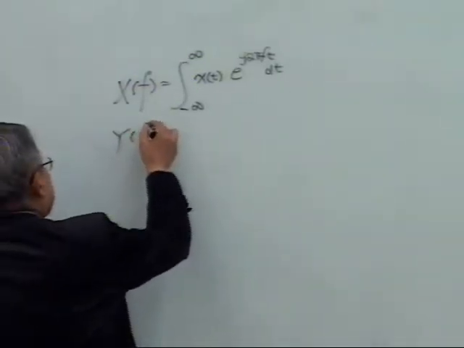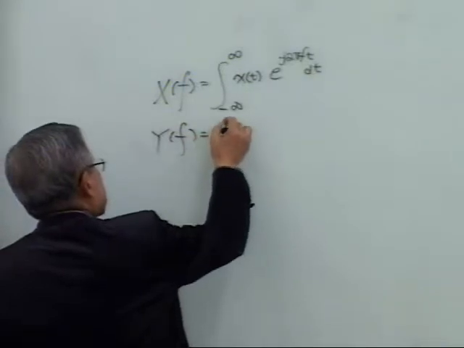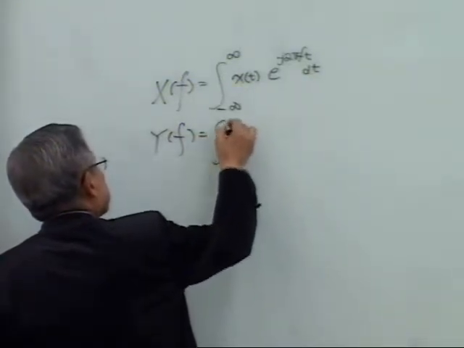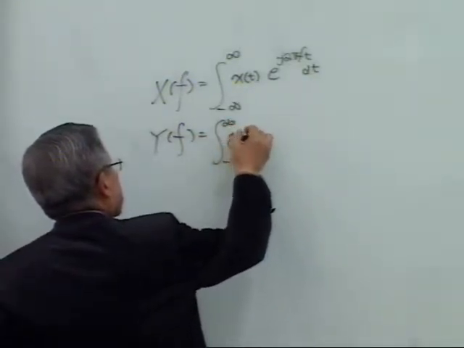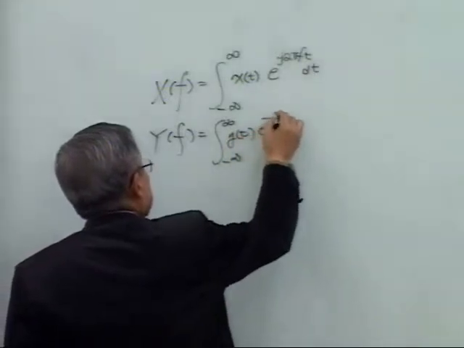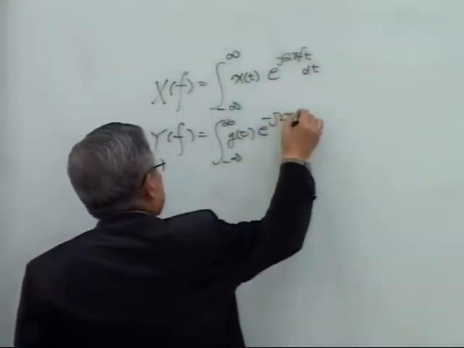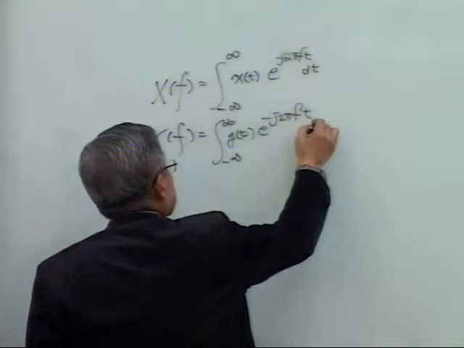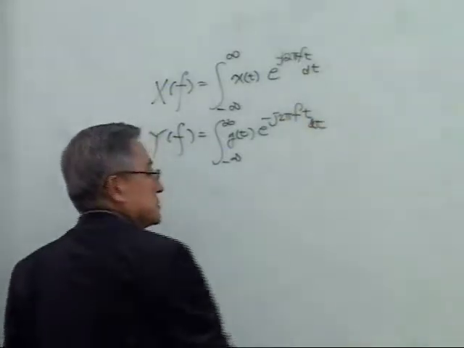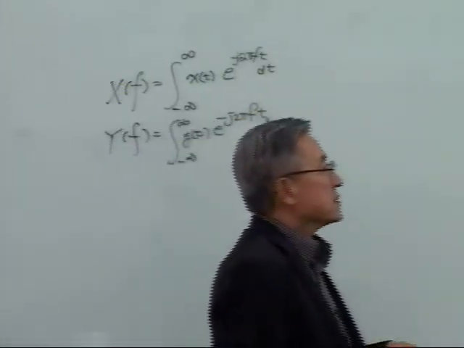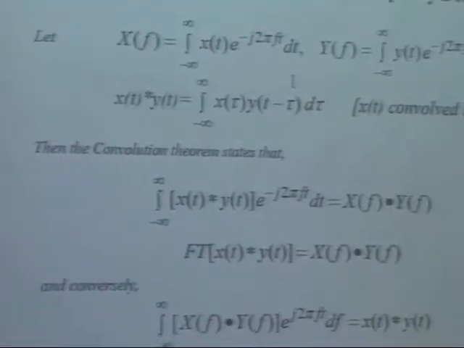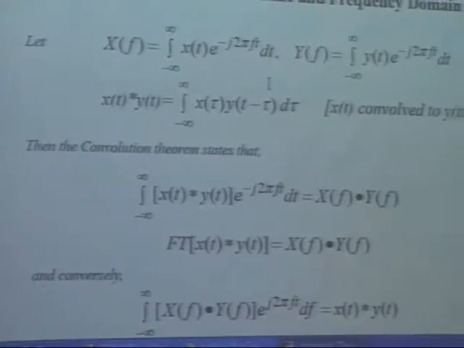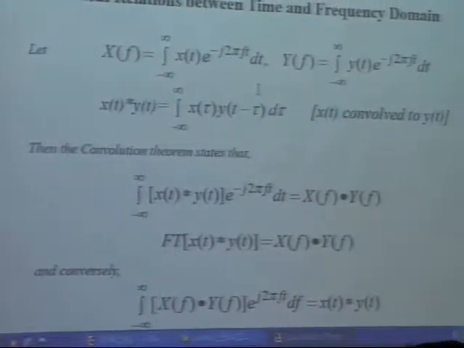And Y(f) is similar: the integral of y(t) e to the minus j 2 pi f t dt. Shown right here. Be careful, if I make a mistake, you have to point it out right away, otherwise I'll just go in the wrong direction all the way through.